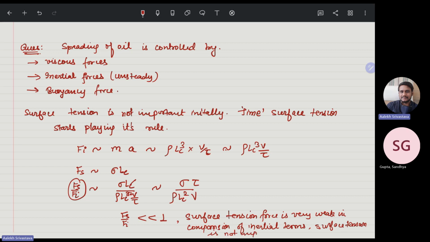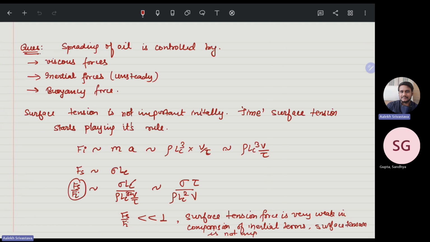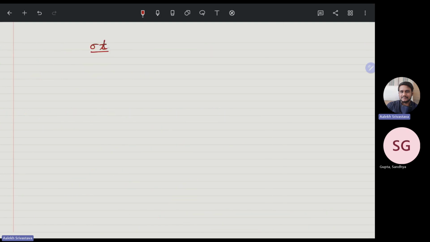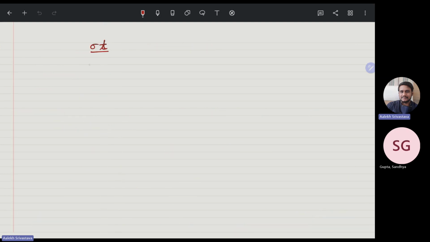So for this condition, I should write sigma T by rho Lc square into V, less than 1. So what is the dimension of velocity?